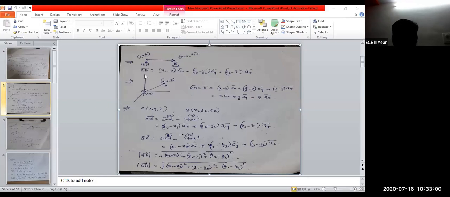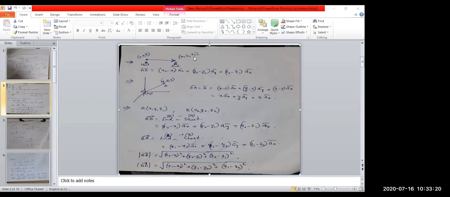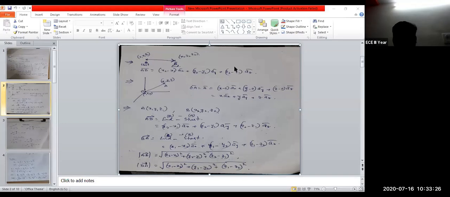Because A's position is not 0 or B's position is not 0. A has some value x1, y1, z1. B has some value x2, y2, z2. So due to that reason, I cannot call it as only A bar or only B bar. When can I call it as only A bar or only B bar? Full question appeared, sir. Yeah, right. Okay, answer this one.